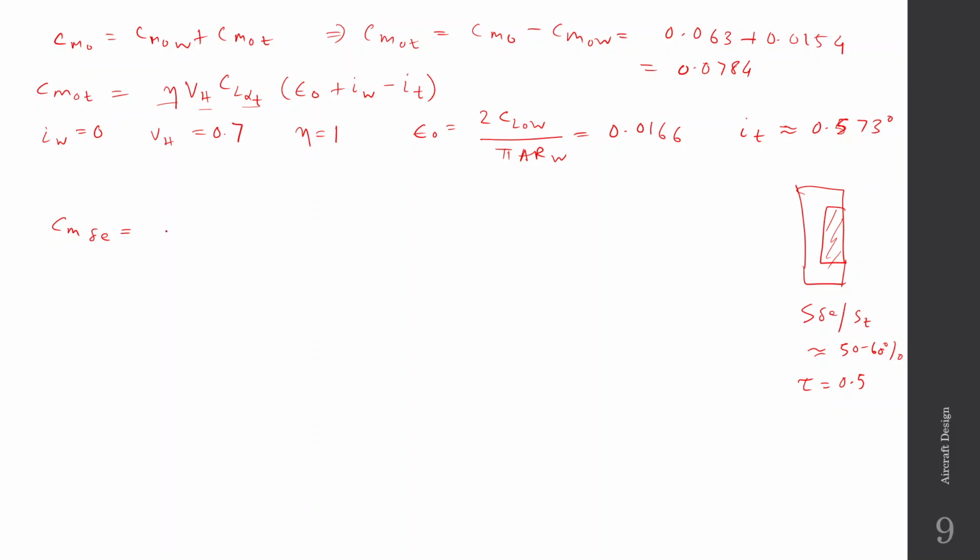So now we can calculate some more ratios such as Cm delta E. This comes out to 1.47, and also calculate CL delta E. And you can also calculate CM alpha.